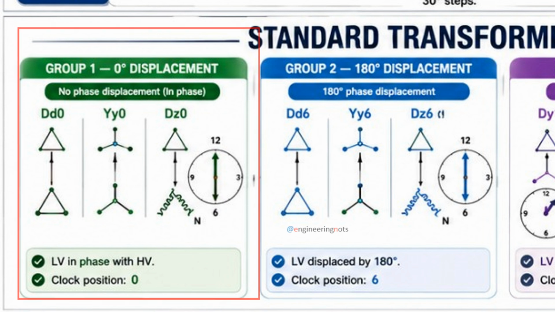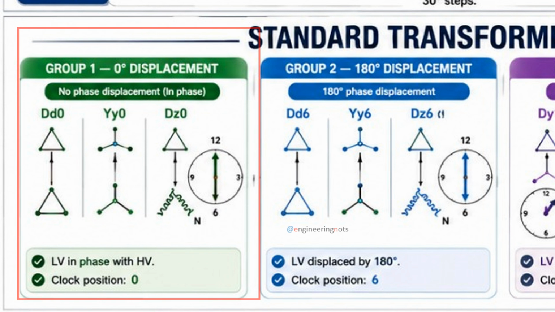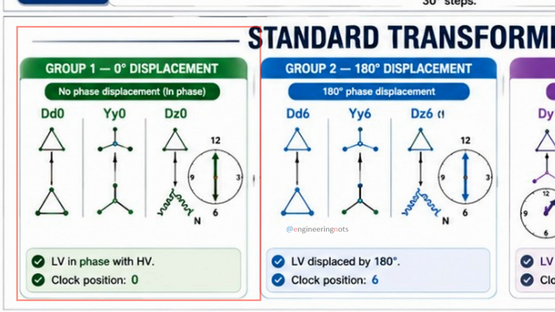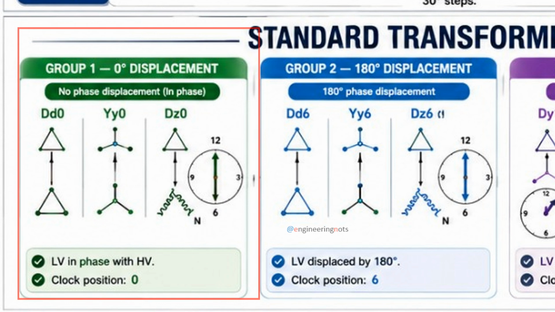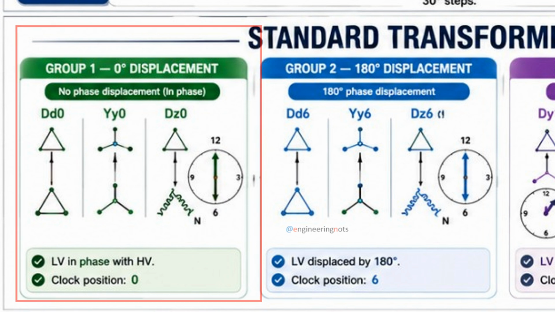Examples include Dd0, Yy0, and Dz0. These vector groups are usually selected when no phase shift is required between the primary and secondary sides. The clock position is 0, which means the LV voltage points exactly to 12 o'clock.